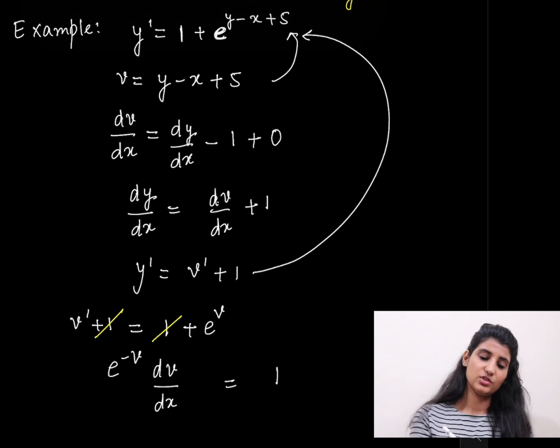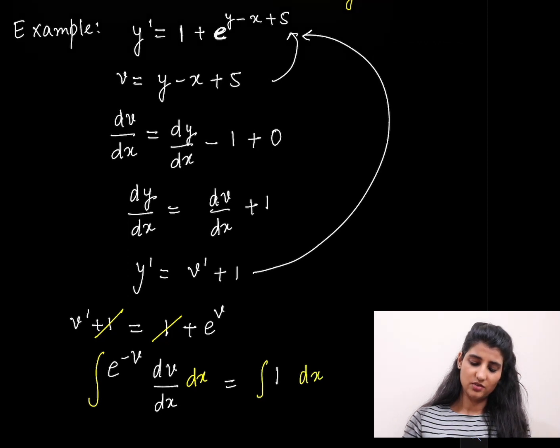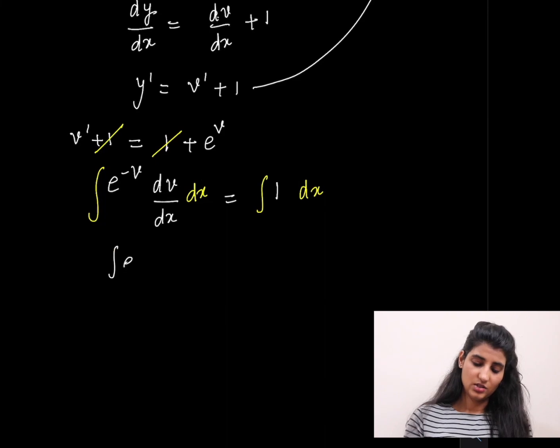We know how to solve the separable equation. We integrate both sides with respect to the independent variable. So the integral of e power negative v dv is the integral of 1 dx.